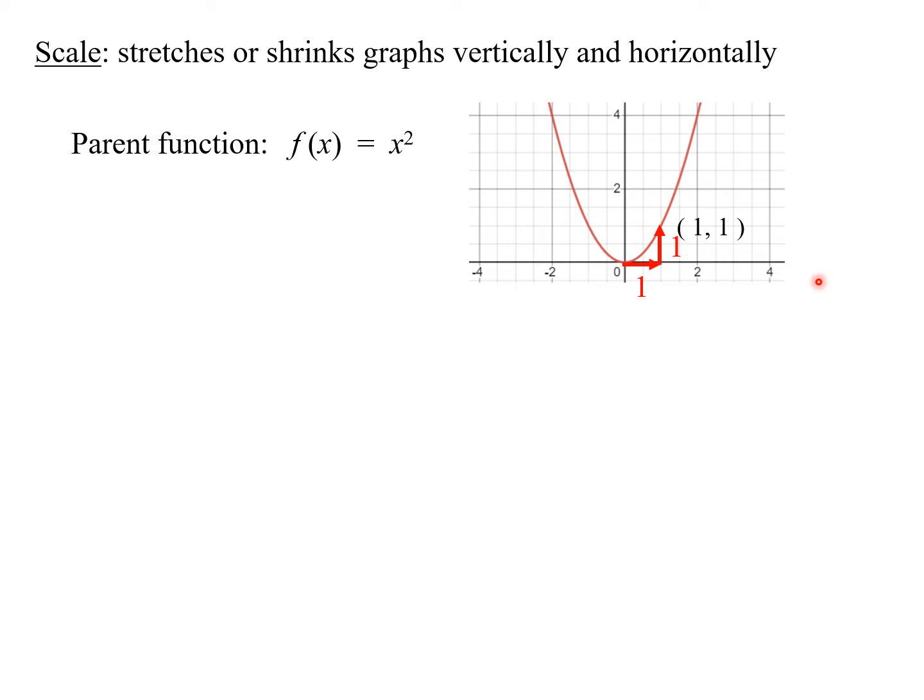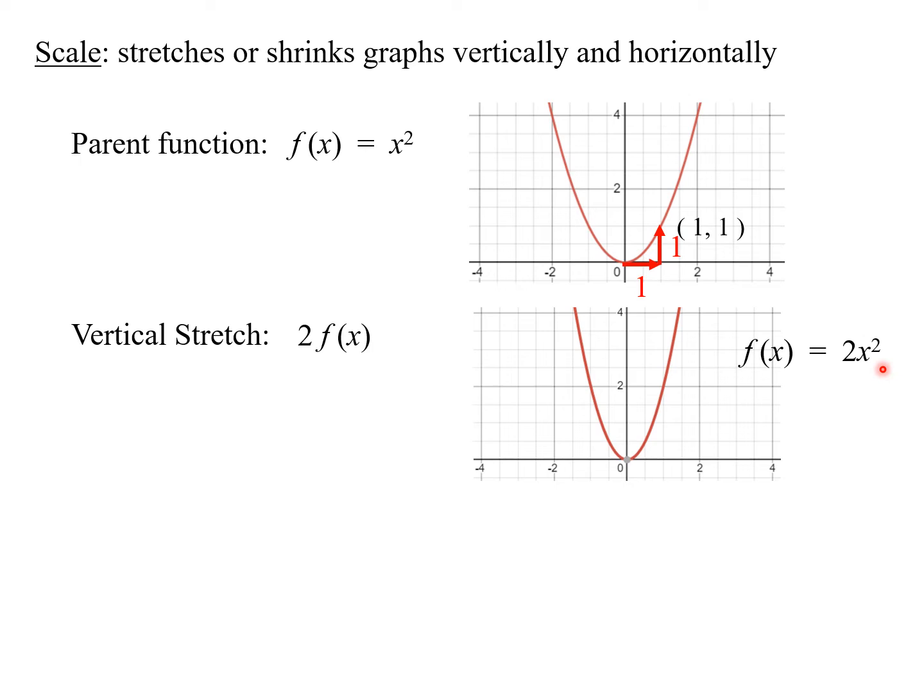The vertical stretch is going to have a 2 times f of x relation. So in this case, we're going to get 2x squared. What that does to the function is, if we're vertically stretching it by 2, whereas before we went over 1 and up 1, now we're going over 1 and up 2.